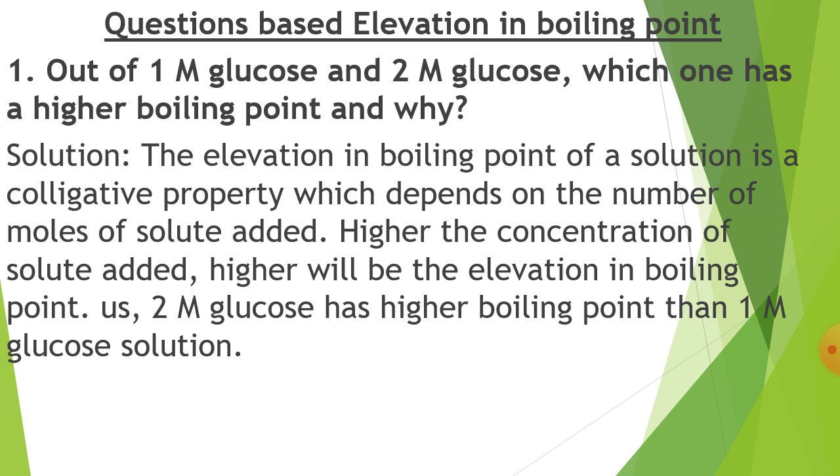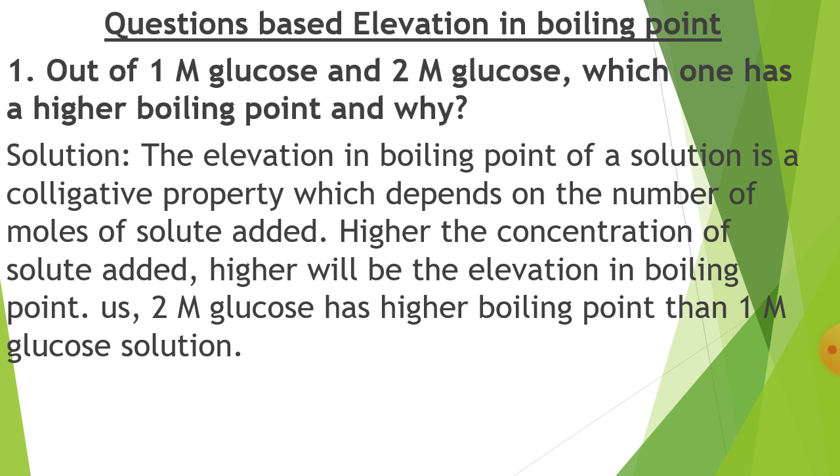As I have told you, colligative properties, and boiling point too, depend upon the number of particles. The more the number of particles, the higher the boiling point. That's why the elevation in boiling point of a solution is a colligative property, which depends upon the number of moles of solute added. That is, the higher the concentration of solute added, the higher the elevation in boiling point.